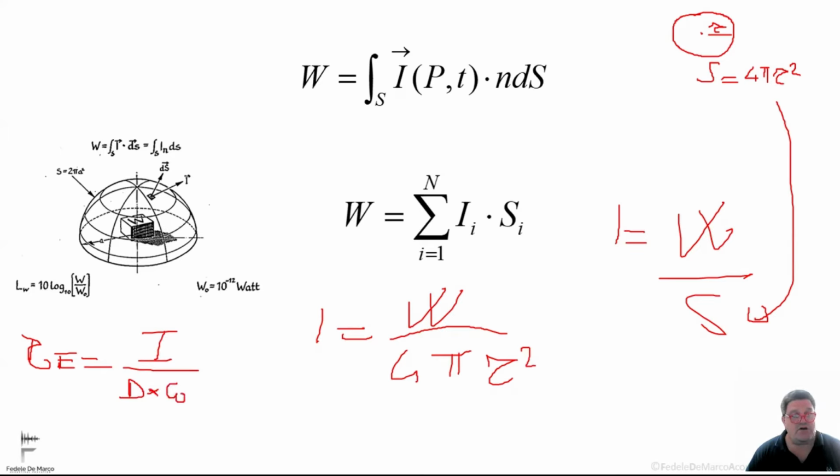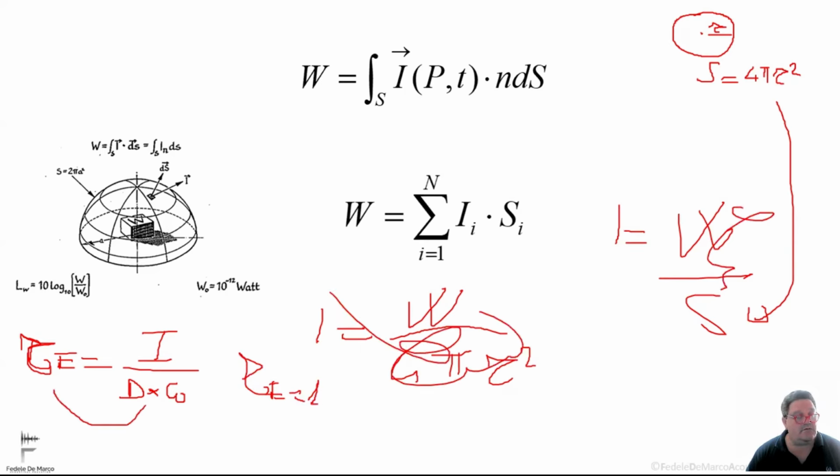In the theoretical case of a plane wave, we consider the ratio equal to 1, so we can delete this.